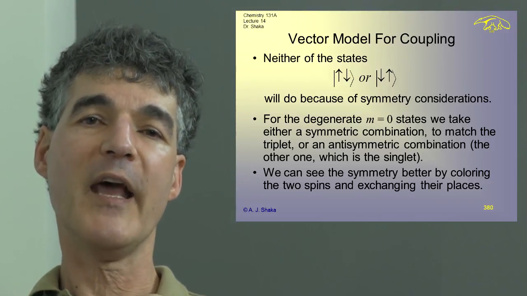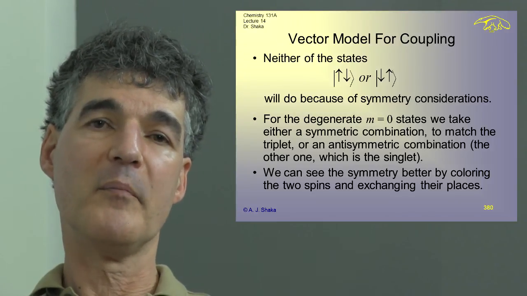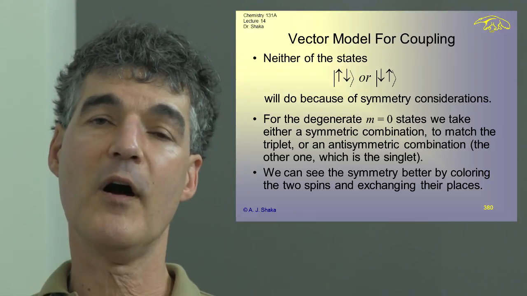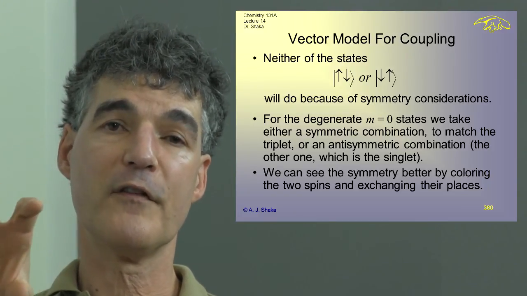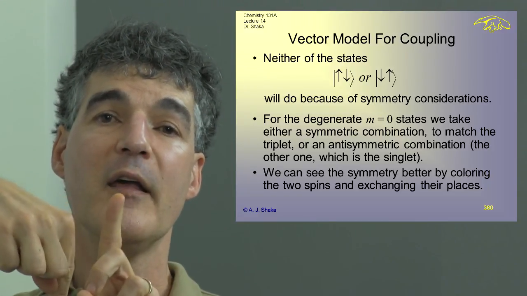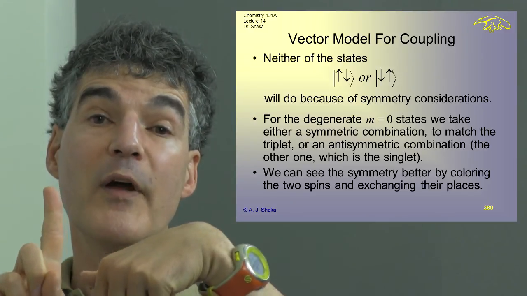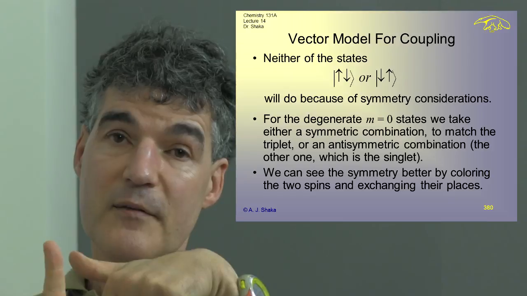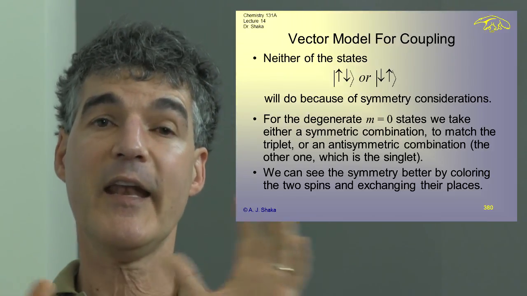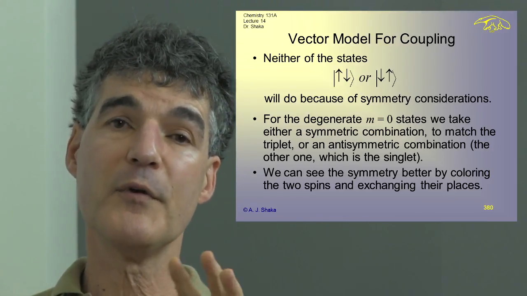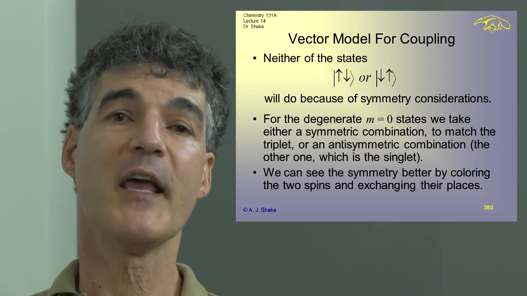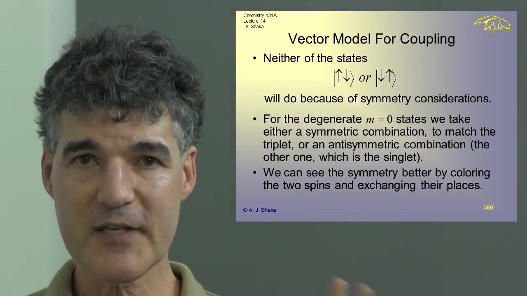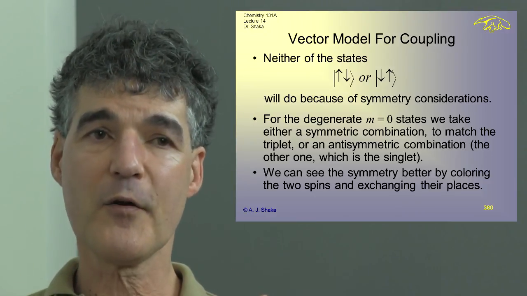And if we have 2 of them down and we swap them, we get the same thing. But if we say the middle one for the triplet is up-down, and we swap them, we get a new guy, the other one, which wasn't part of the mix. And we can't have that. When we swap them, we have to get the same thing because it's part of the same series. It has to have the same symmetry as the other ones.